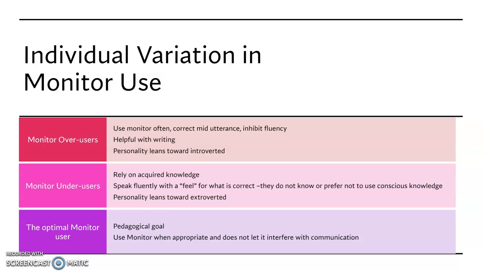communication. So when you're thinking about the overuser and the underuser in the classroom, it's difficult to decide who would be the better student or deserve a higher grade. Is it the one that's the risk taker with their communication?